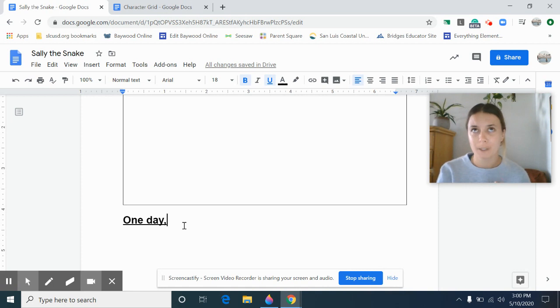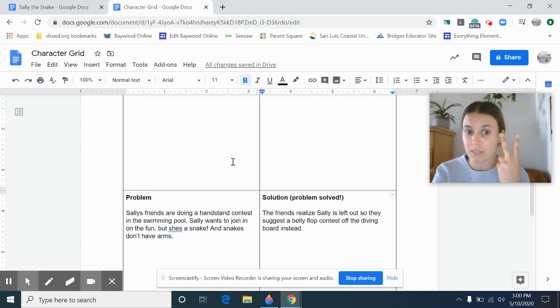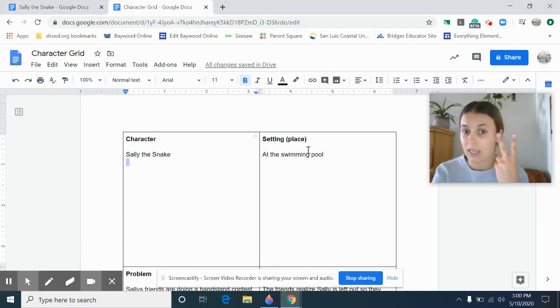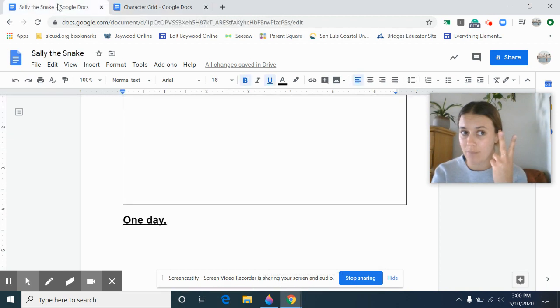Okay. First, we have to introduce our character and the setting. So if you remember from yesterday, Miss Klein's character is Sally the snake, and the setting is the swimming pool, right? So I need to introduce both the character and the setting in my first page. But I also have to do the really, really important thing of hooking my reader.